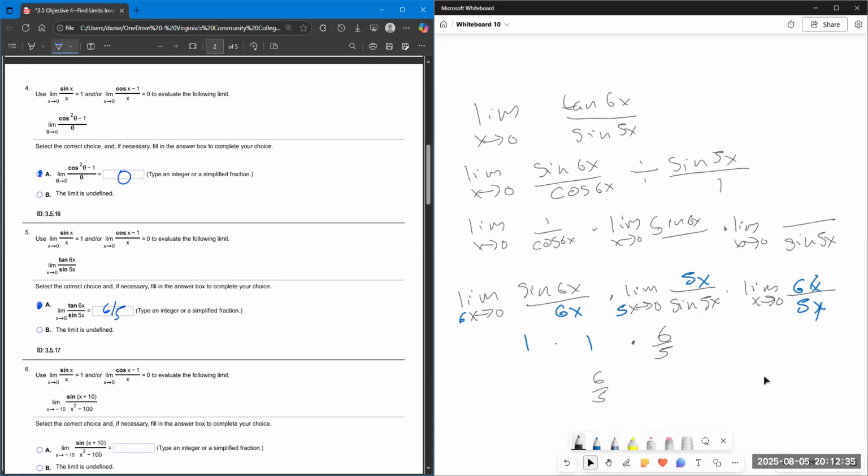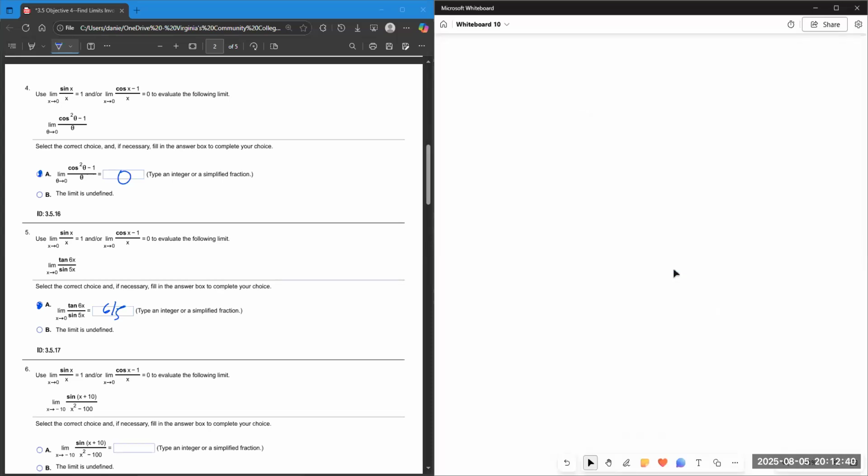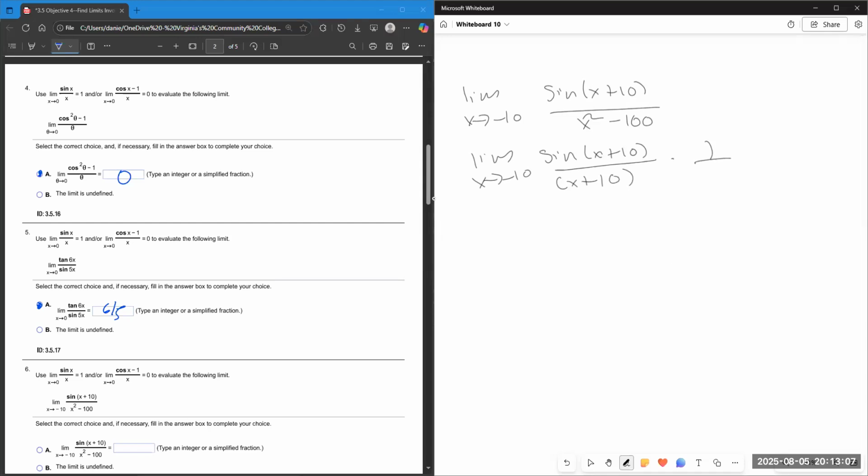All right. Now we have limit as x goes to -10 of sine of x plus 10 over x squared minus 100. Limit as x goes to -10 of sine of x plus 10 over x plus 10 times 1 over x minus 10.